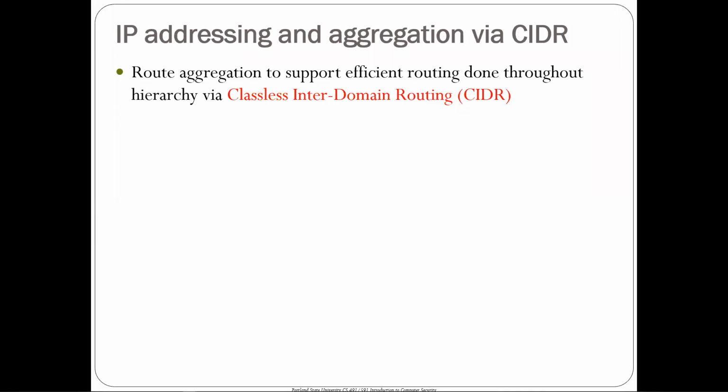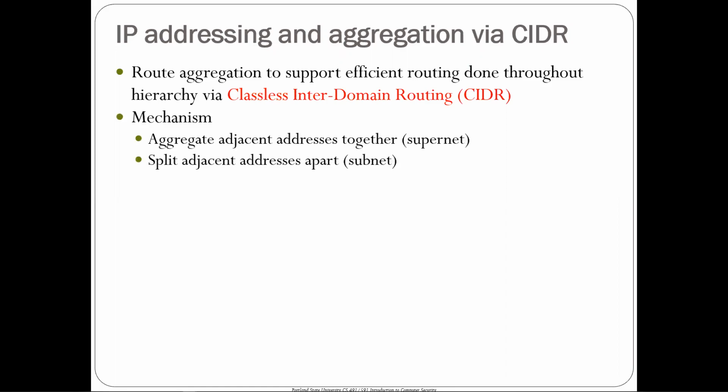So the idea is if you have this ISP, like the ISP we started out with slides ago, and you're trying to advertise a route for all the nodes in your ISP using a single route advertisement, you're going to need to describe those addresses using CIDR. And what it is, is a way of denoting a sequential block of IP addresses whose size is a power of 2. Okay, let's talk about this.